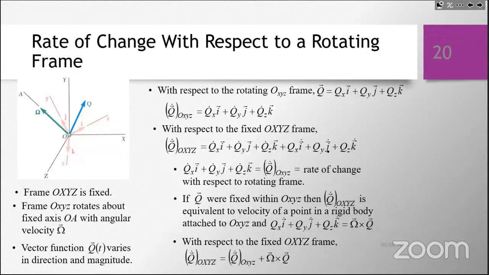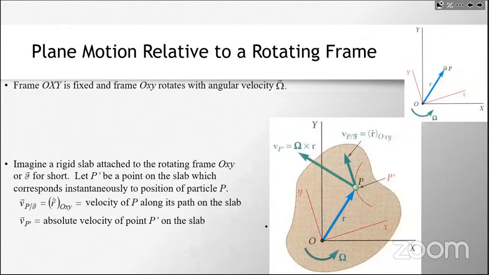But what is Q? Q is just some parameter that we're interested in, so we can really use it for anything, right? So what about planar motion relative to a rotating frame? Because in 3 dimensions, I really do think that this is a very difficult concept to wrap your head around, right? This is something that it's not super intuitive.